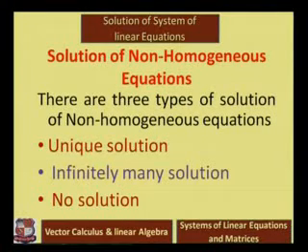Now we classify the solutions in the case of non-homogeneous equations. There are three types of solution: first is a unique solution, second is infinitely many solutions, and third is no solution.